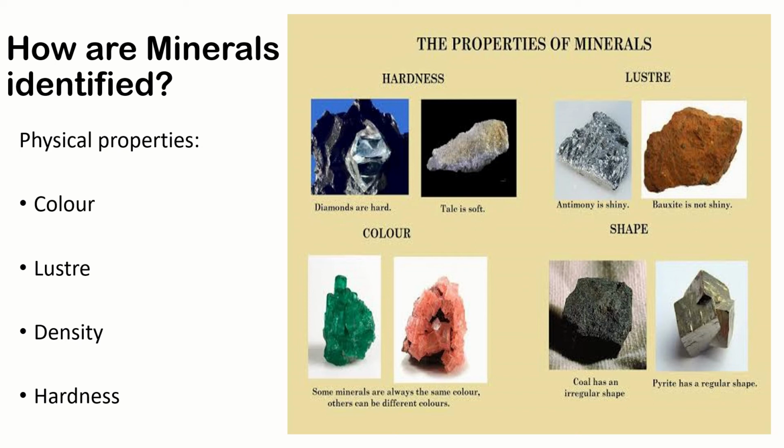It depends on their physical properties: how they look, how they feel, what the color is like, whether it is shiny or not shiny, whether it is heavy or light, whether it has a particular shape or is irregular, whether it has one particular color or some other color, whether it is hard or soft. So based on all these things, minerals can be identified.